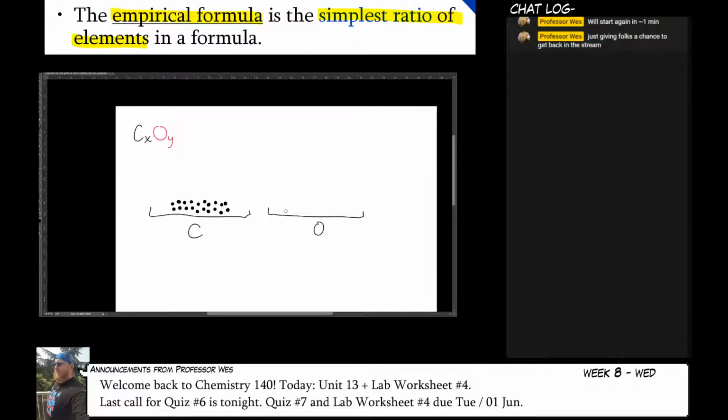And then I do the same thing for oxygen, and I notice that this is the result that I get. You could look at those and go, oh, the ratio of these is the same. Oops, I gotta get my pen back to what it was. There we go.